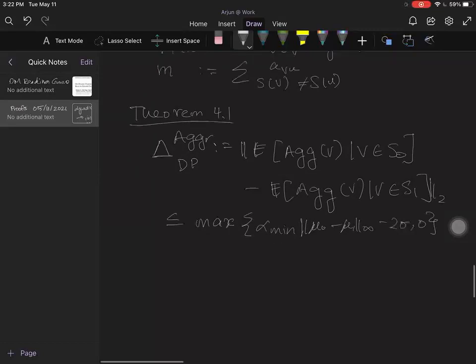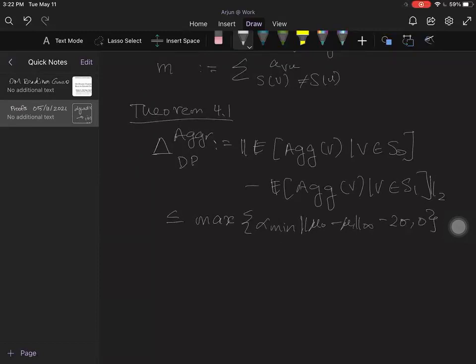So we just basically want to keep it positive. Wait, sorry, one second. This is the lower bound. It's going to be greater than or equal to this quantity, and it's going to be less than or equal to this quantity here.